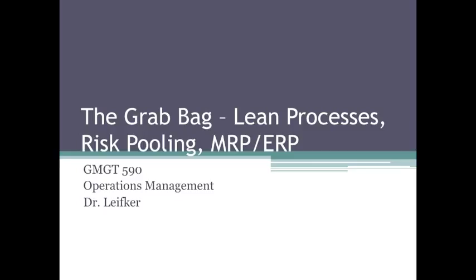Those topics include lean processes. We'll talk about what makes a process lean. We'll talk about risk pooling, and how combining the variations of several different sources of demand can lead to savings in the long run. And we're going to talk about the basics of MRP and ERP systems.